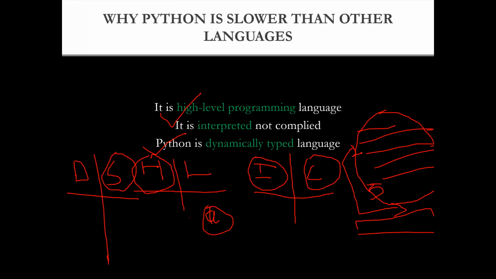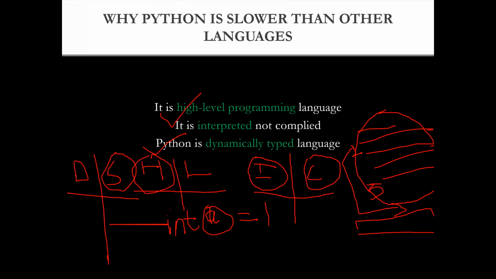So let's say I have a variable called A and I want to store a value which is 1. This is of which type? It is an integer type, right? Yeah, integer. So in the case of Java or C++, you have to write something like this: int A, and then A is equal to 1.